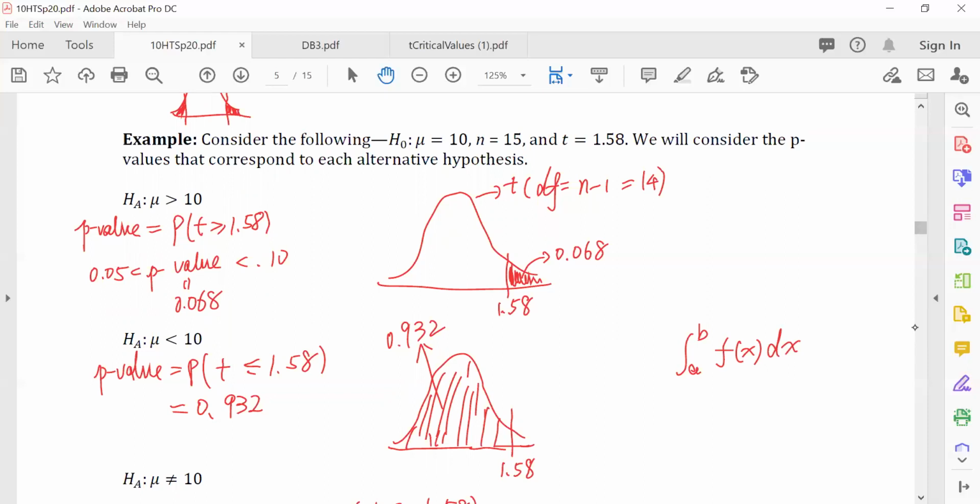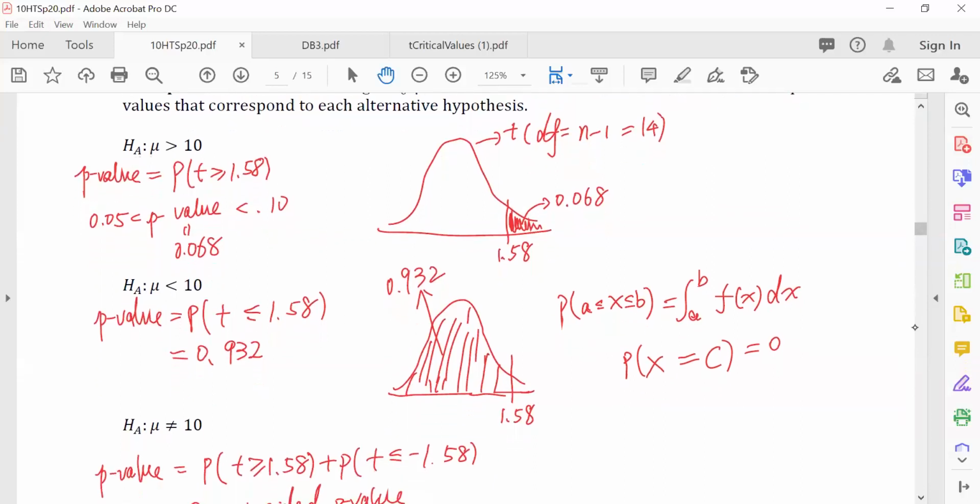So this is for continuous distribution. So the probability of x equals to any specific value is 0. So the probability t equals to 1.58 is 0. So it's okay that you include it in whichever side of the hypothesis.